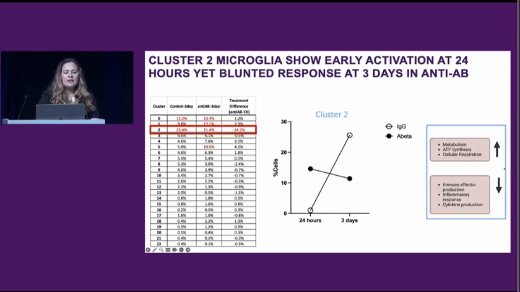What this looks like on an interaction plot over the course of the 2 time points is that there's an early activation of this A beta injected group that's favoring metabolism and downregulating inflammatory response. But that response seems to be blunted at 3 days, where you see this giant increase in the IgG group. We don't know yet if this is a good or a bad response, or helpful or harmful.